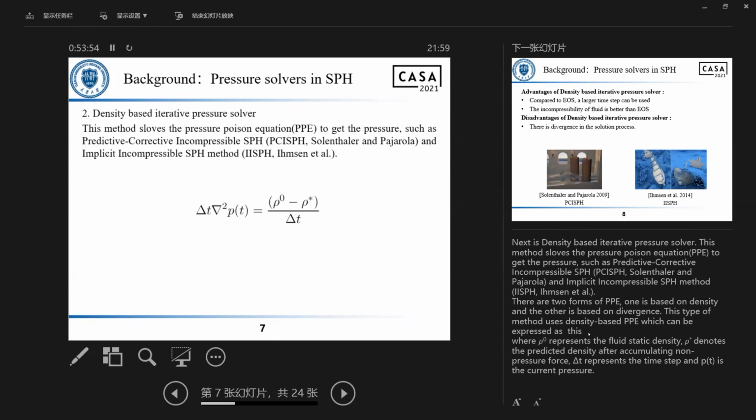This type of method uses density-based PPE, which can be expressed as this, where rho 0 represents the fluid static density, rho star denotes the predicted density after accumulating non-pressure force, delta t represents the time step, and p t is the current pressure.